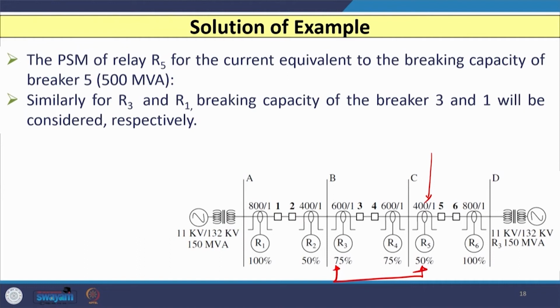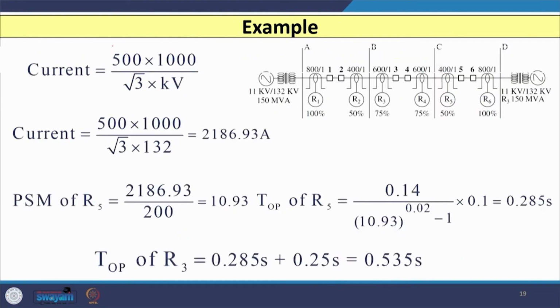So, here the plug setting multiplier of relay R5 we need to calculate first, assuming that the breaker capacity of circuit breaker 5 is given as 500 MVA. So, we can easily calculate the current using this 500 MVA. The kV rating is given, that is 132 kV. So, the current that is available is 2186.93 ampere.